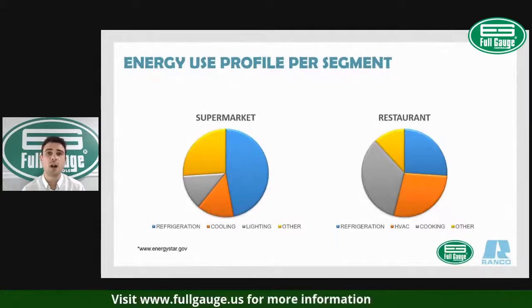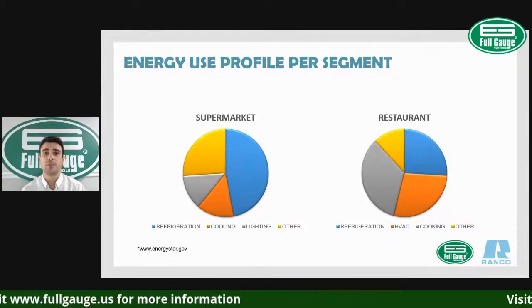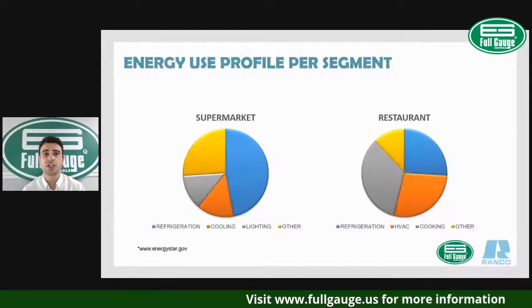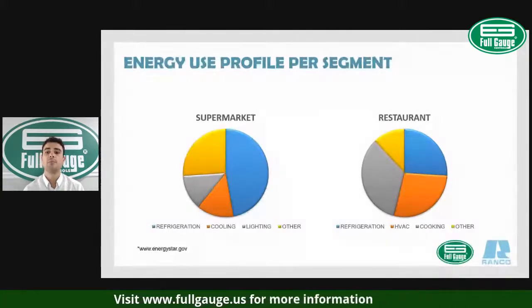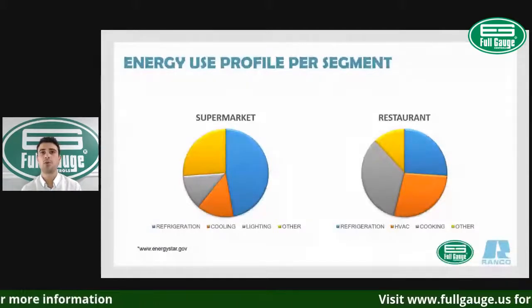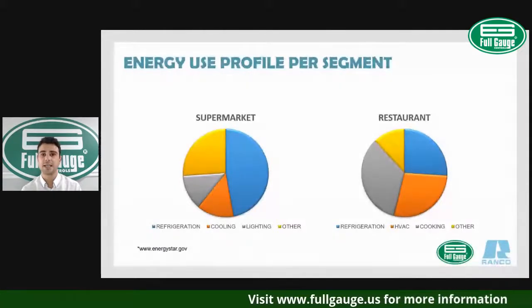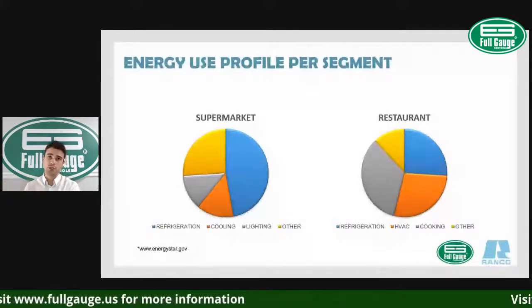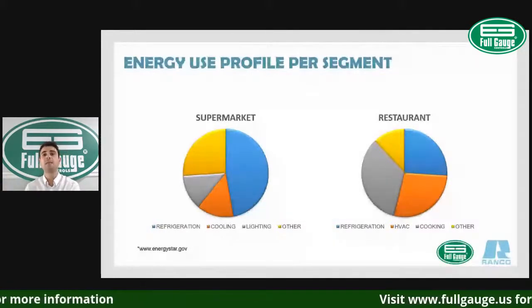When we look at supermarkets, that ratio goes up to 50%. So 50% of the total energy consumption in a supermarket comes from the refrigeration system. The adoption of digital controls will provide you a more precise control, allowing you to reduce running time and improve efficiency.